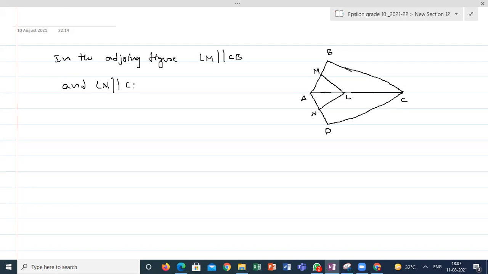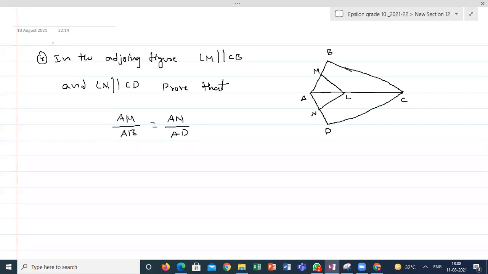Then prove that AM by AB is equal to AN by AD. Please copy this question and try to solve.